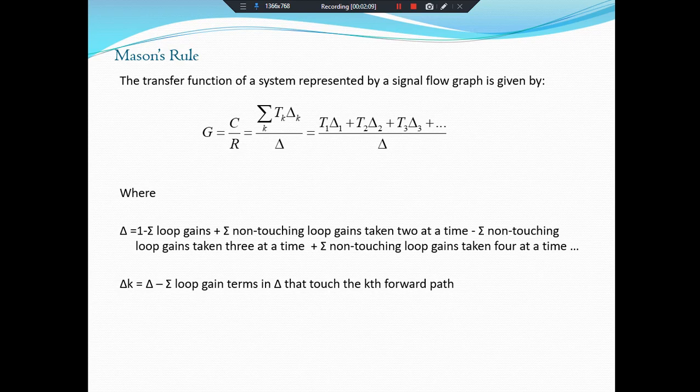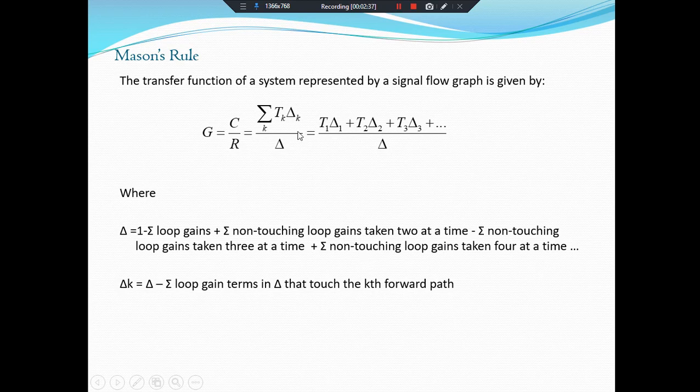If there are 5 or 6, then we proceed as minus summation of non-touching loops taken 5 at a time, and plus non-touching loop gains taken 6 at a time. Actually, the sign will come in alternate way. First it's plus, then minus, then plus, then minus, then plus, and then minus, and so on.